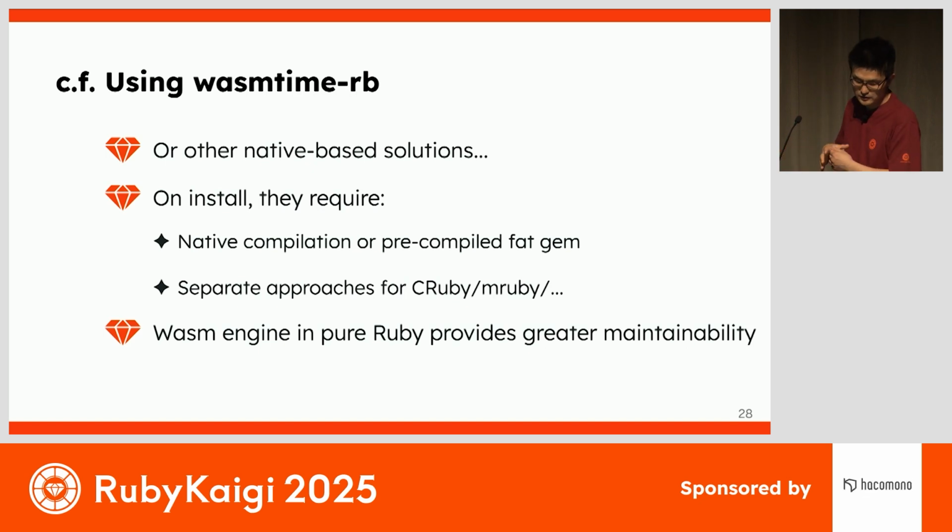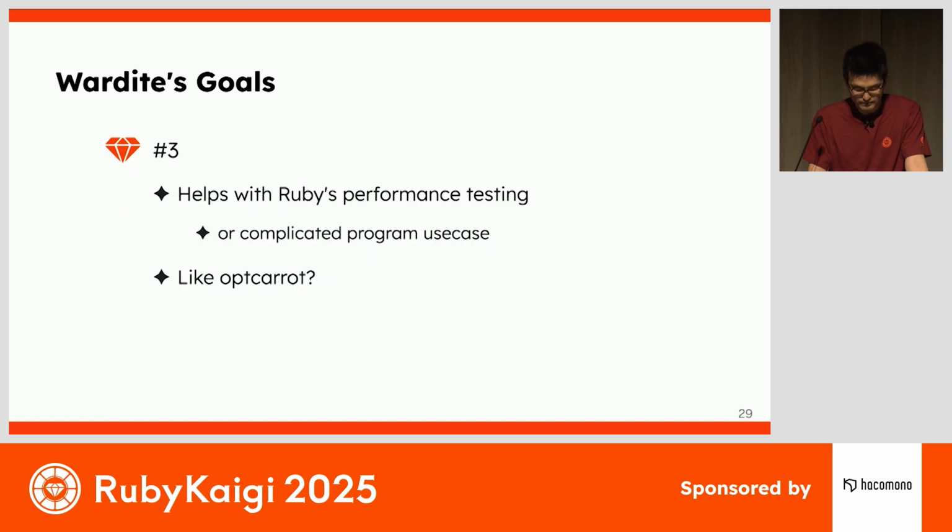Furthermore, separate packages are needed for different Ruby implementations, like CRuby, mRuby, or JRuby. Writing a WASM engine in pure Ruby provides greater portability and compatibility.